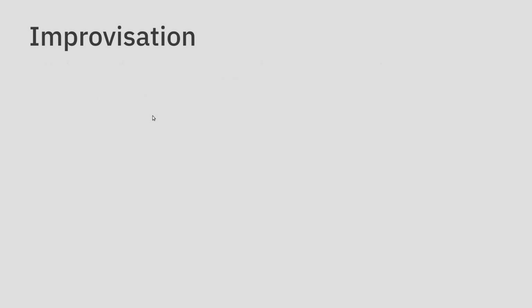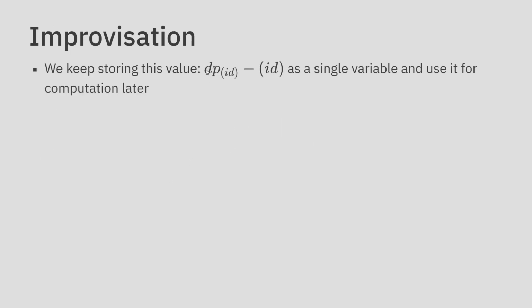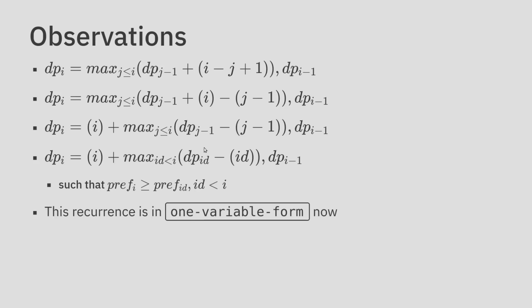As you can see, we are finding the maximum value from all the previous indexes to i over the condition that prefix of i is greater than or equal to prefix of id, and with that condition we are finding the maximum value of dp of id minus id. So instead of going through all that, we need to store this value for all indexes and use it for computation later. So this term is the same as the term taken from the maximum equation here.